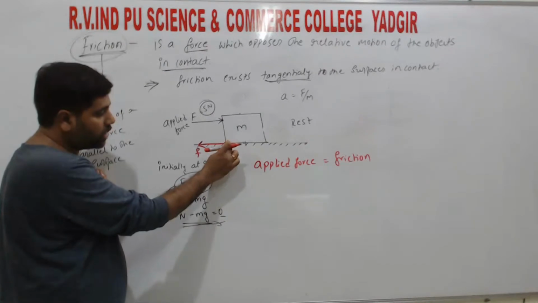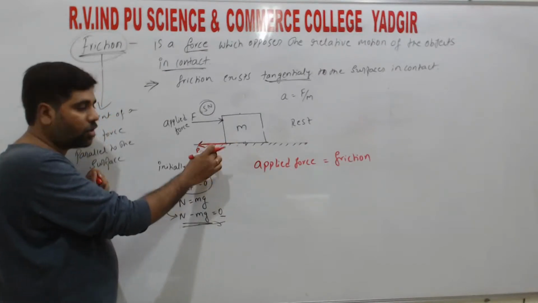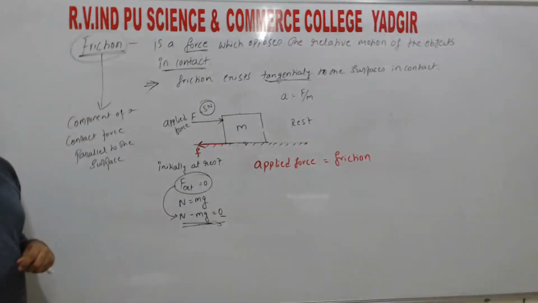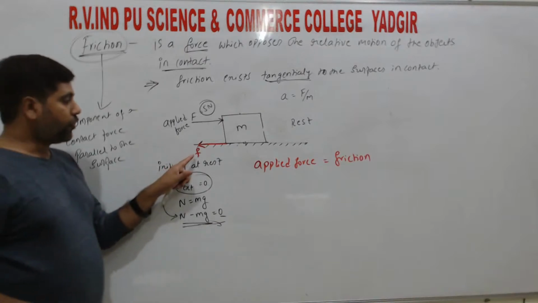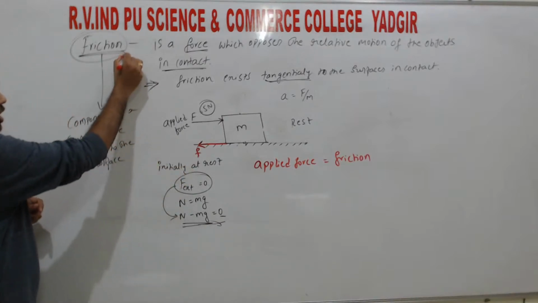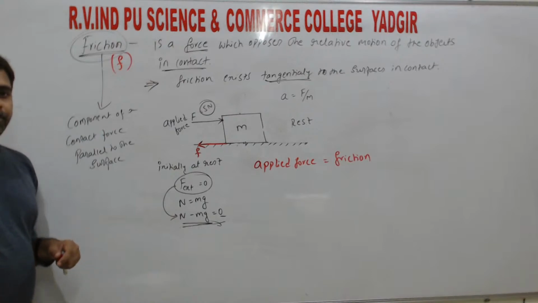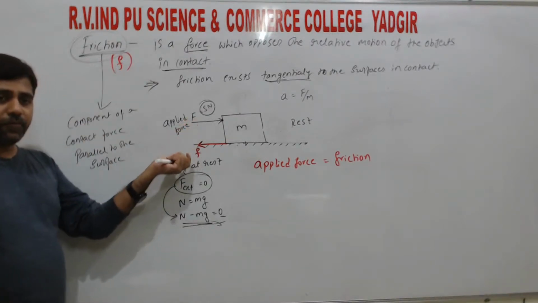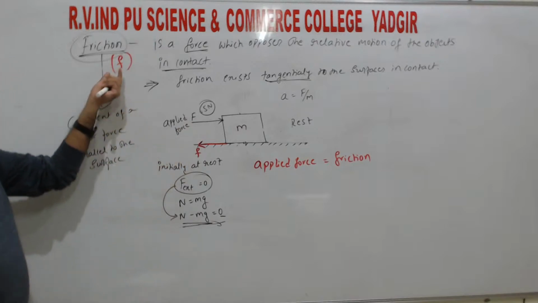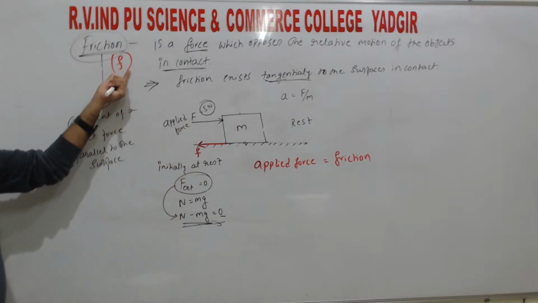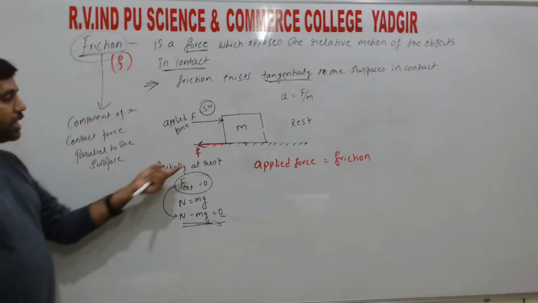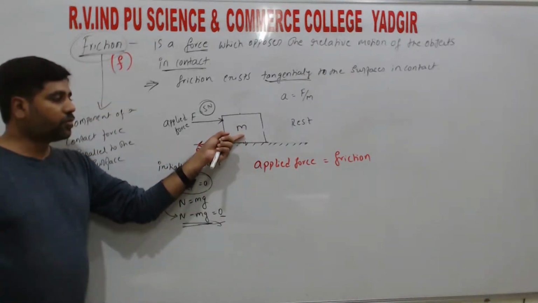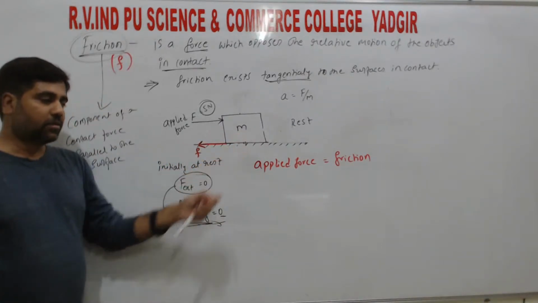Where there is contact, if we draw a tangent, that indicates friction, right? Friction is denoted by a small letter f. The applied force is always capital F and friction is always a small f, and it is tangent to the surface of the two objects, right?